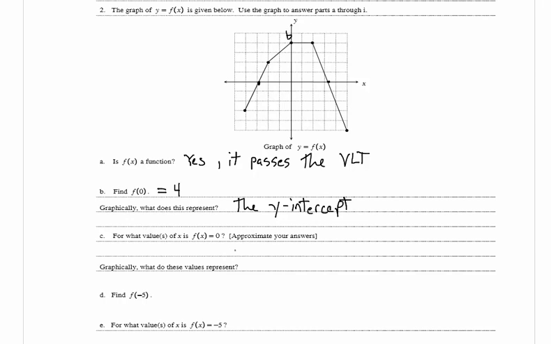So we could say that x is equal to -3 and approximately 3.3. So these two dots here are C, and graphically, what do these values represent? And we mentioned already that these are the x-intercepts.